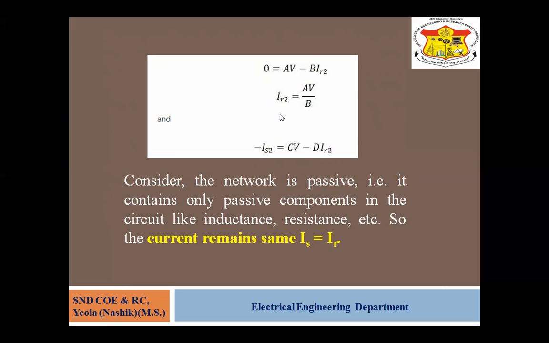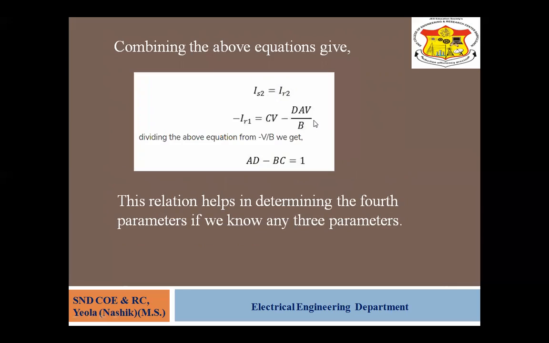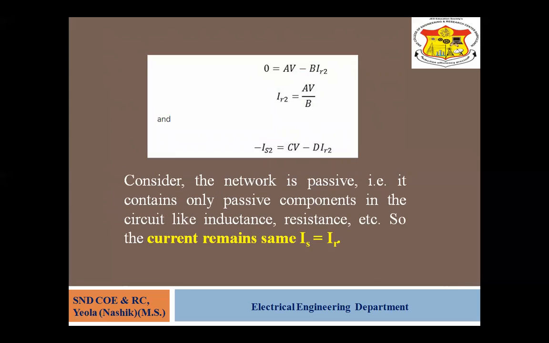So IR2, the receiving end current, is equal to A into V by B. And minus IS2 is equal to C into V minus D into IR2.